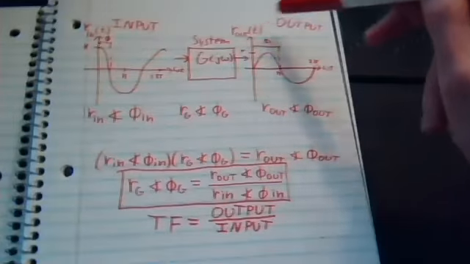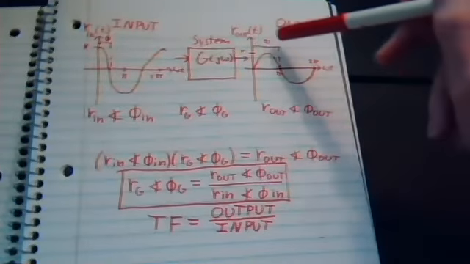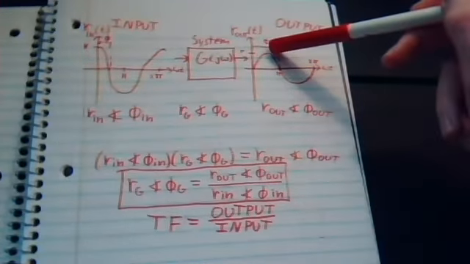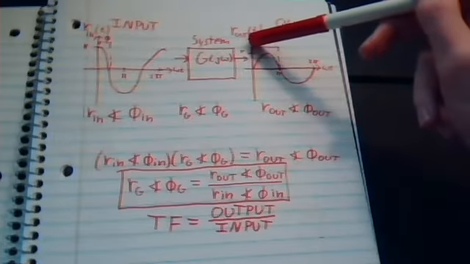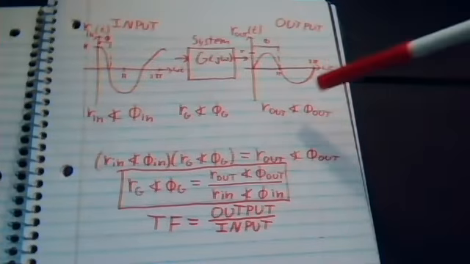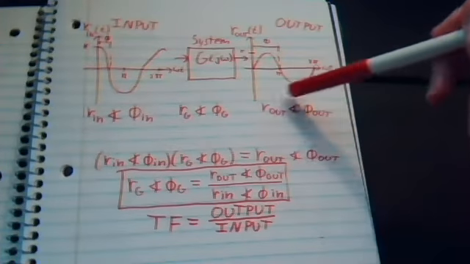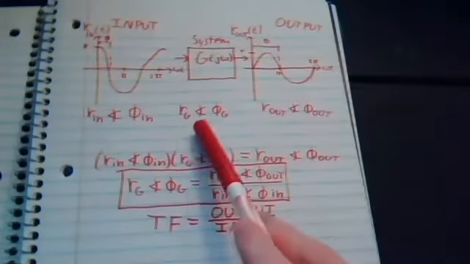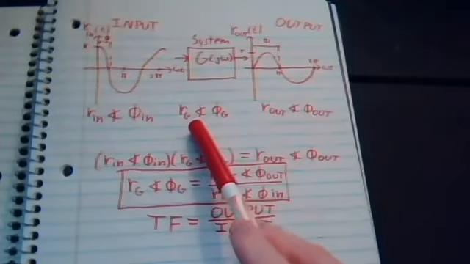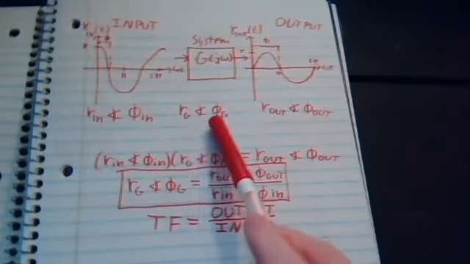And then the output also has R and phi, the peak value and the phase shift of the sinusoid, which could be described as the output magnitude and output angle, R out at an angle of phi out. And then the system itself can be described to have some unknown magnitude and angle, R at an angle of phi, both of the system.